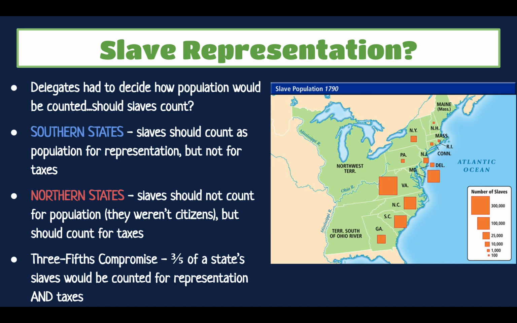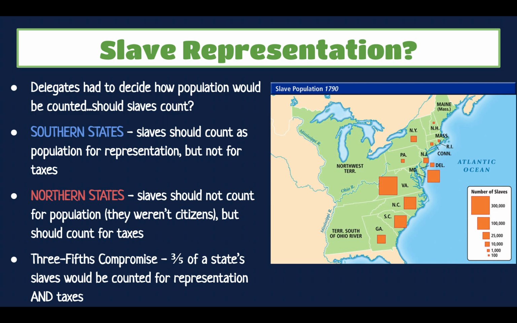But within that debate, there's still questions over whether or not slaves should count toward a state's population for representation. So the southern states, as you might predict, believe that slaves should count toward their state's population when trying to determine the number of representatives it would get.